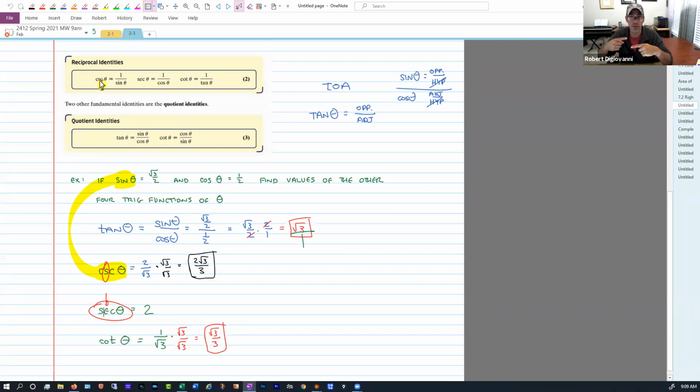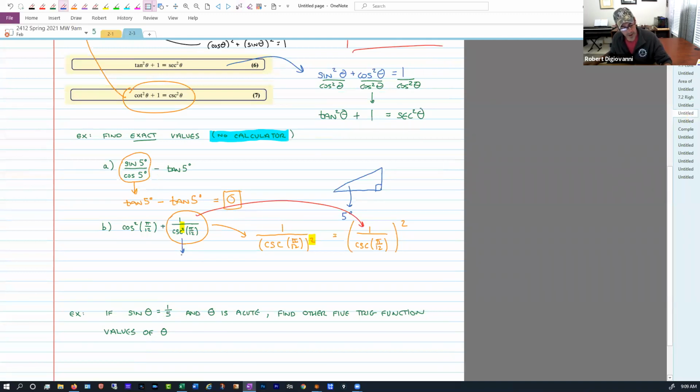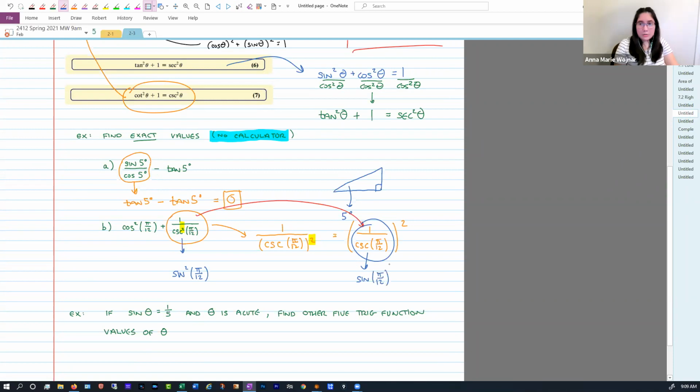So they're reciprocals. So what we can do is rewrite this as sine squared of pi over 12. And that again is because that right there in blue is actually sine of pi over 12. And then it's just equal to 1, correct?